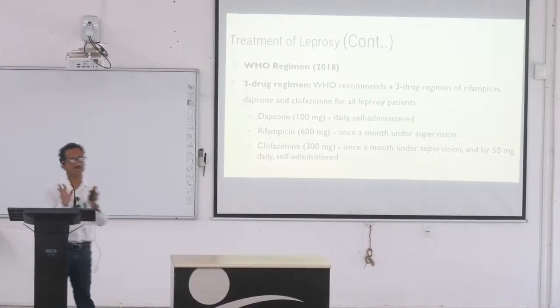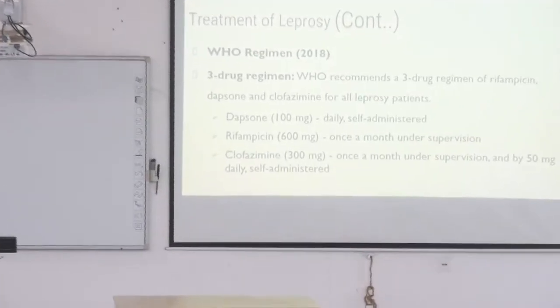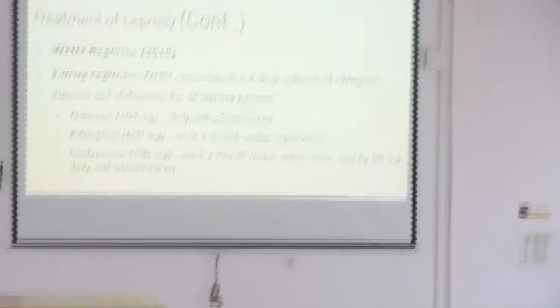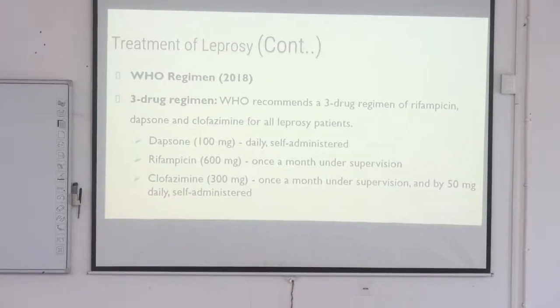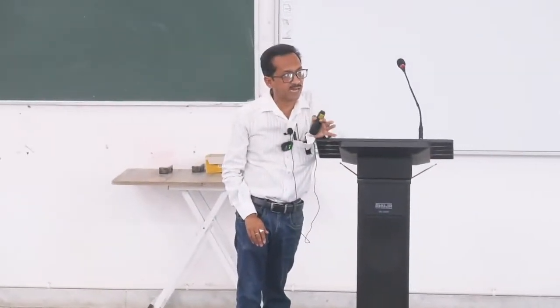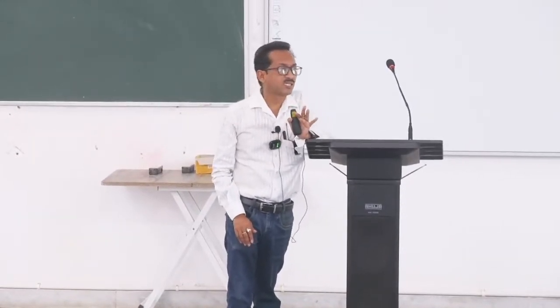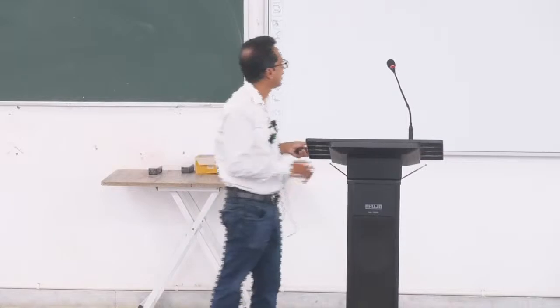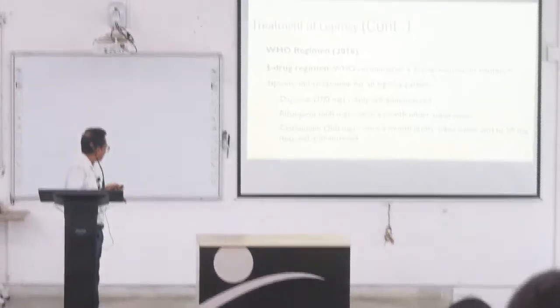So the regime is: the patient takes dapsone 100 mg daily and clofazimine 50 mg daily at home, but comes to the center to take supervised rifampicin 600 mg once a month and clofazimine 300 mg once a month. So this is the treatment protocol: dapsone, rifampicin, clofazimine.